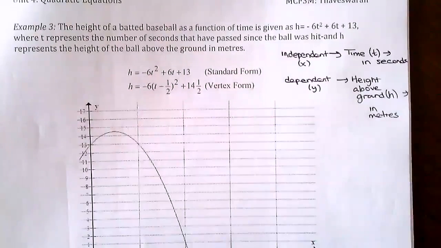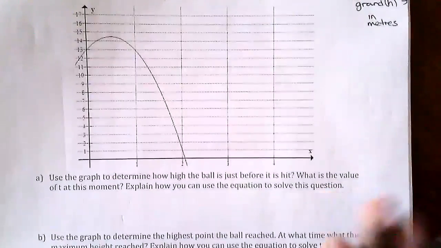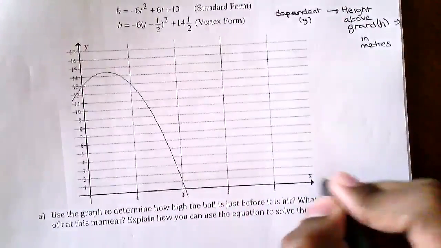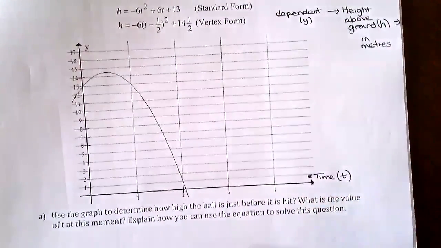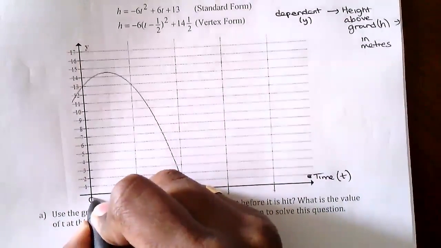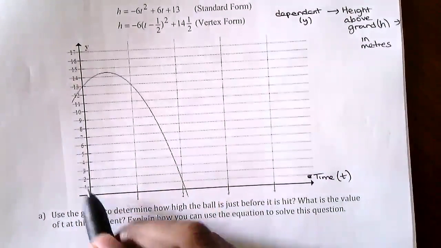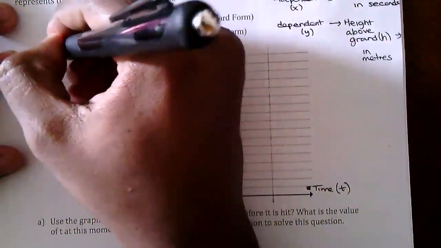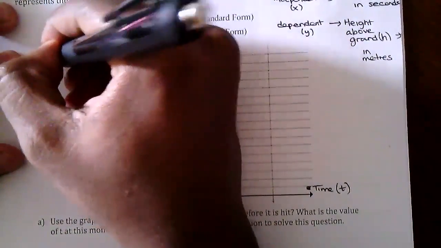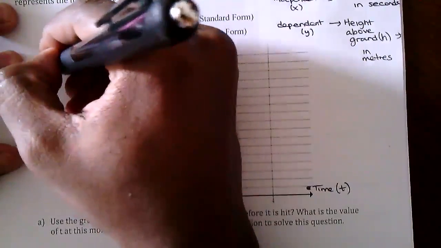So here, again, let's first look at our axes. Our x-axis here represents time, t. So again, time can't be negative, so it must start here at 0. Our y-axis represents height above ground, and that's h.